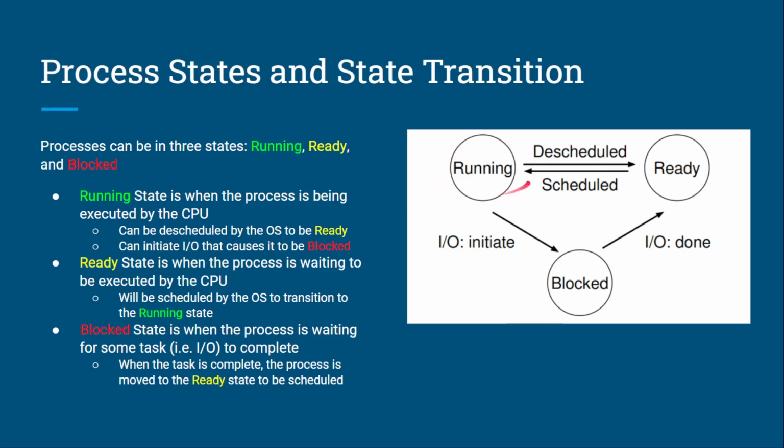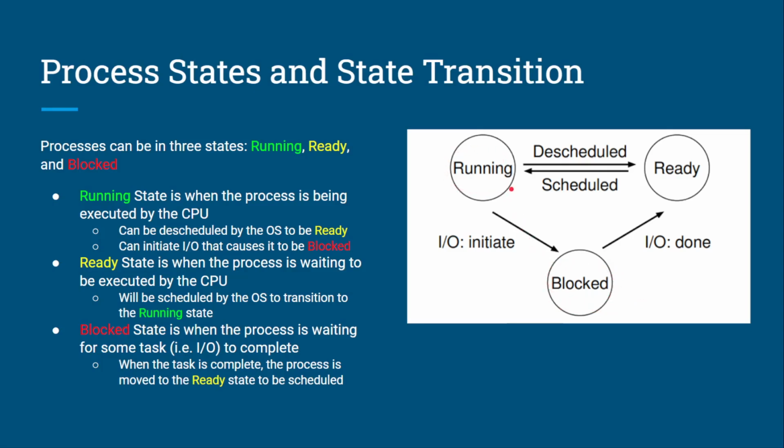The second way a running process can stop running is if it initiates input or output, such as reading from the keyboard or writing to the console. When a process performs I/O, it moves to a state where it is blocked until that I/O is complete.